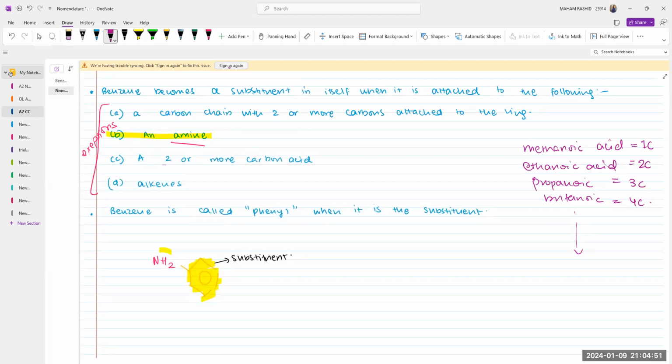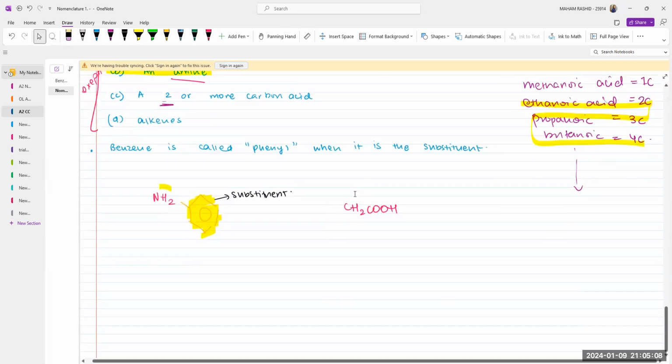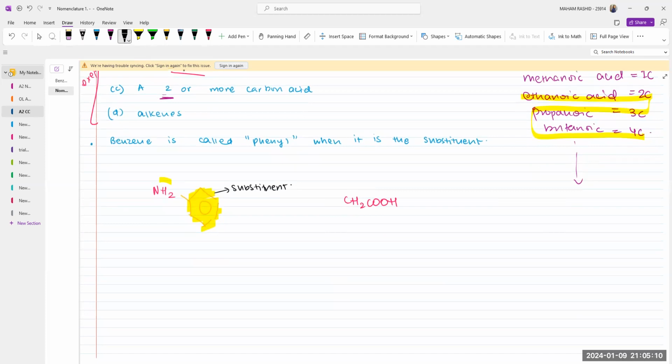Right now, what are we discussing? A two or more carbon acid. So two or more carbon acid, acids after ethanoic acid. So if I have ethanoic acid, CH2COOH, and I have a benzene ring attached to it as a substituent, here benzene is my substituent, and benzene is called phenyl when it is the substituent.